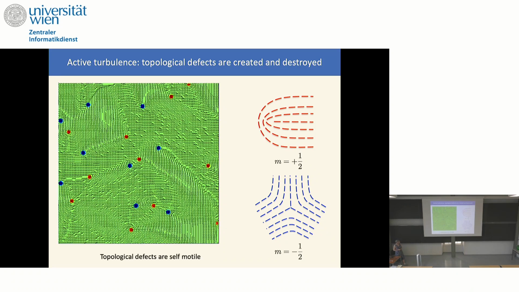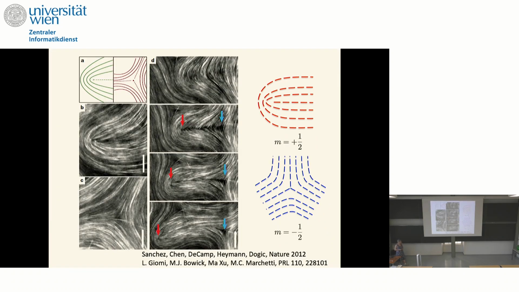Okay, so what else were we going to say? This is the experimental version of the formation of these topological defects. This is the microtubule motor system. Remember that the microtubules tend to buckle and bend. So these are microtubules which are buckling.